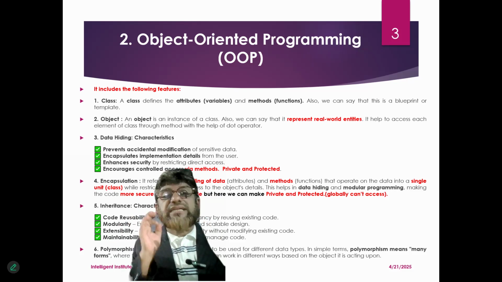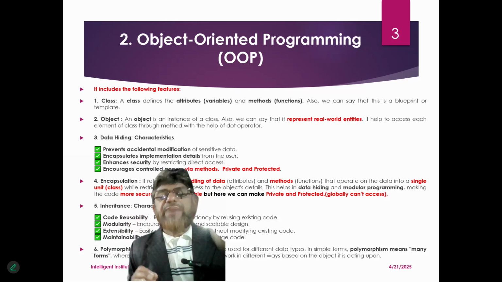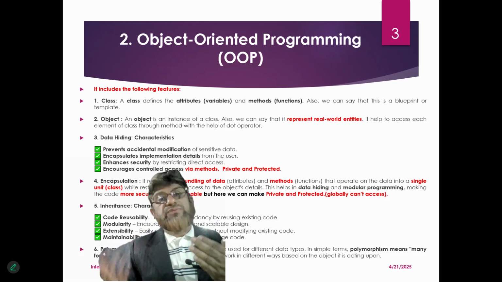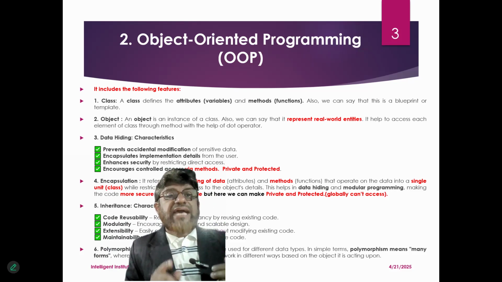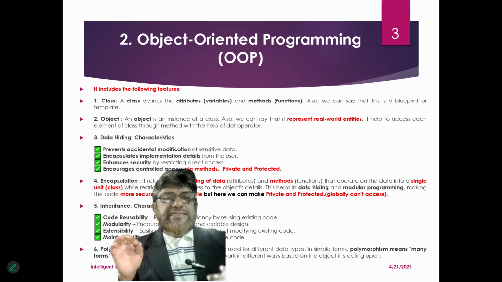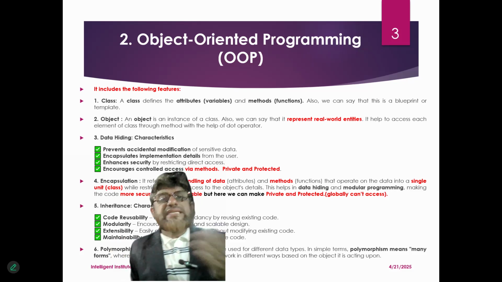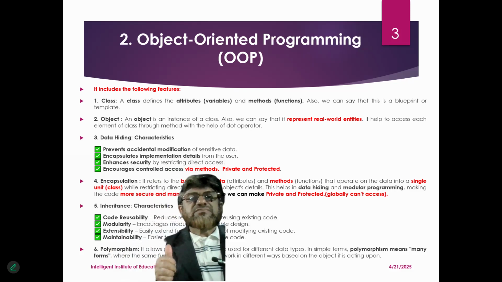So you should know how many techniques there are in Python programming, and whenever required, we can answer one by one, isn't it? Now OOP has some features like class, object, data hiding, encapsulation, inheritance, and polymorphism. So let's see the features one by one.